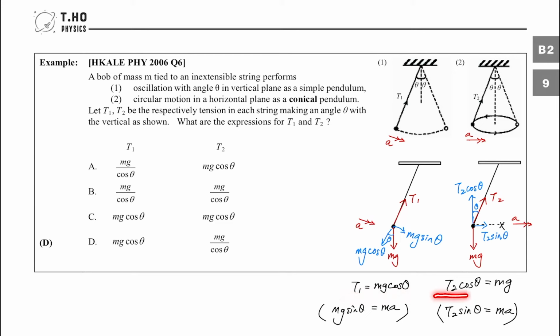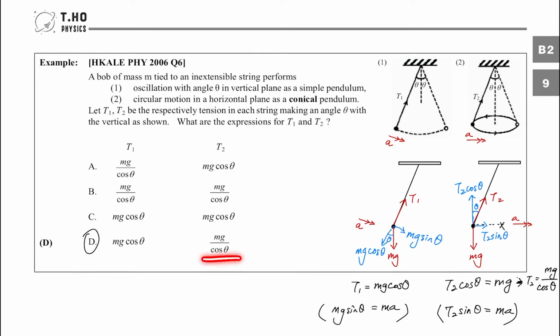Now, comparing T1 equals mg cosine theta and T2 cosine theta equals mg, we would get T2 equals mg divided by cosine theta.